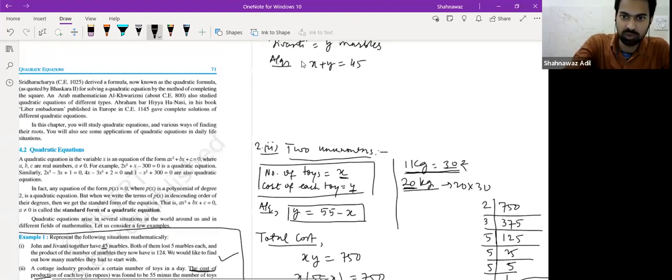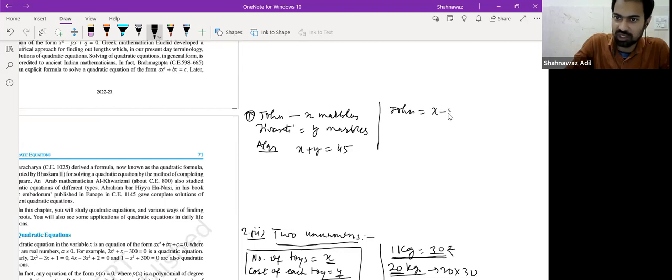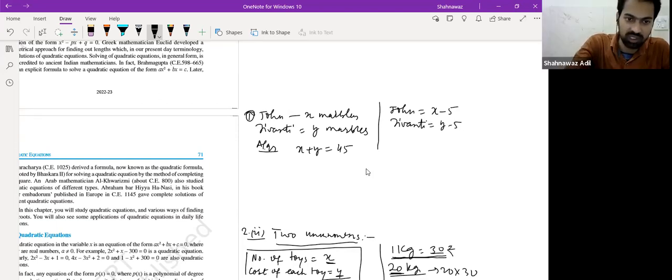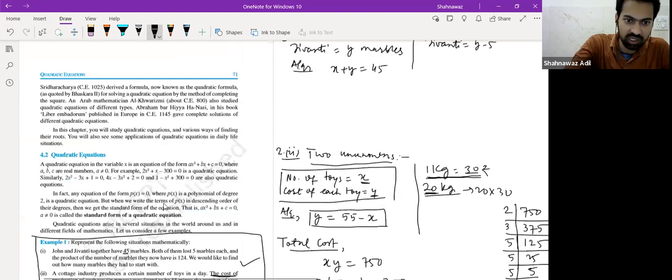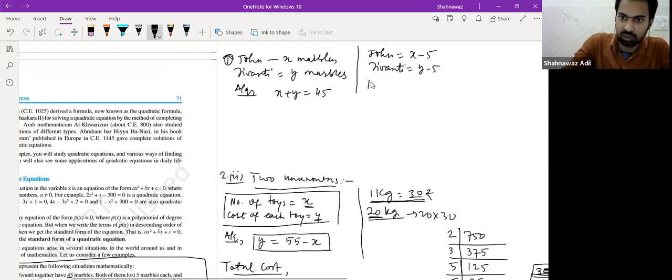So John has x minus 5, and Jivanti then y minus 5. And then the product of numbers is 124, which means (x minus 5)(y minus 5) is 124, right?